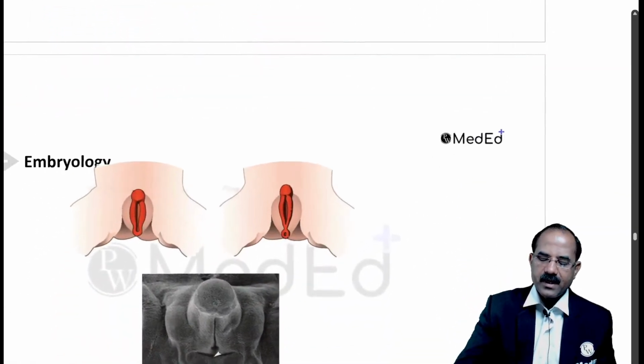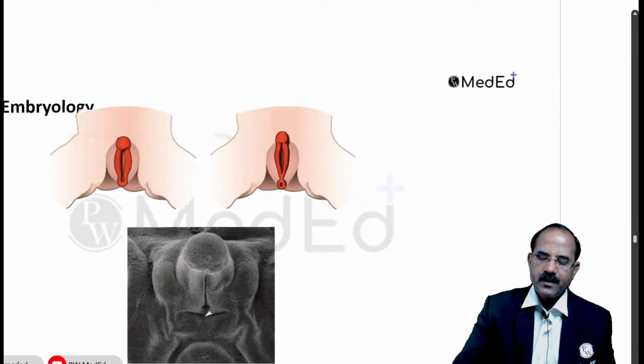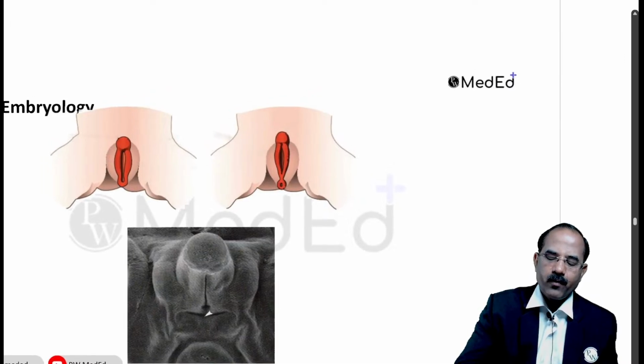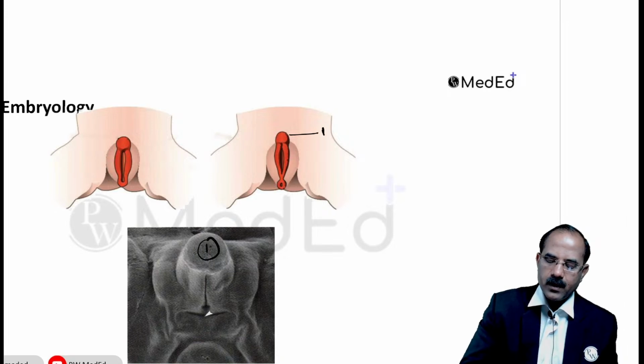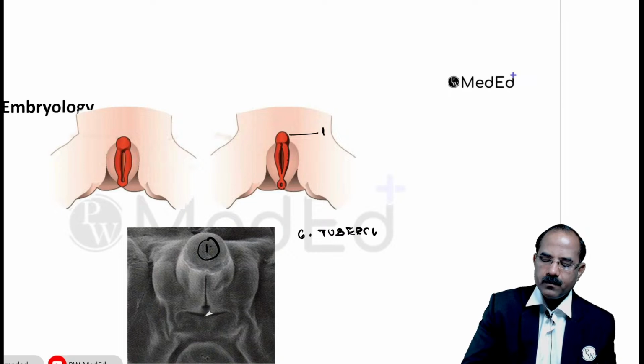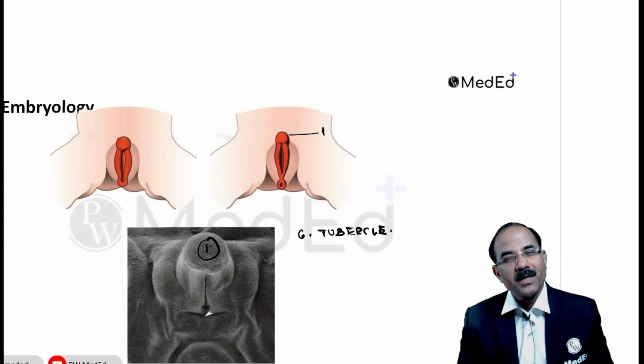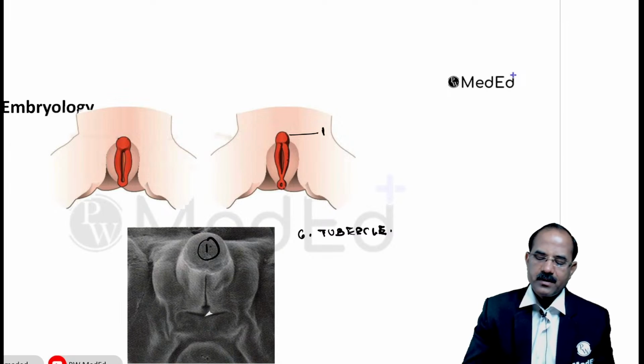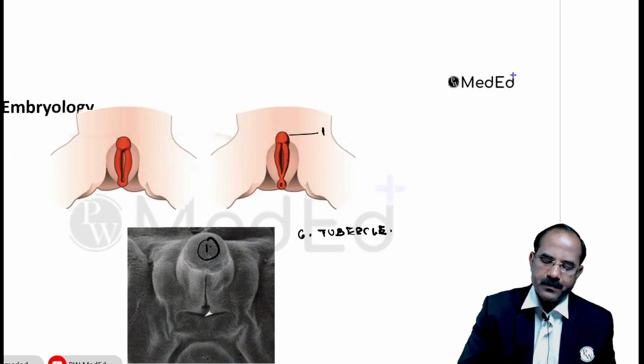Okay, look at this slide. I'll just put this as number 1. What is this number 1? That's the genital tubercle. What will it form? Penis in males and clitoris in females. Second, what is number 2?